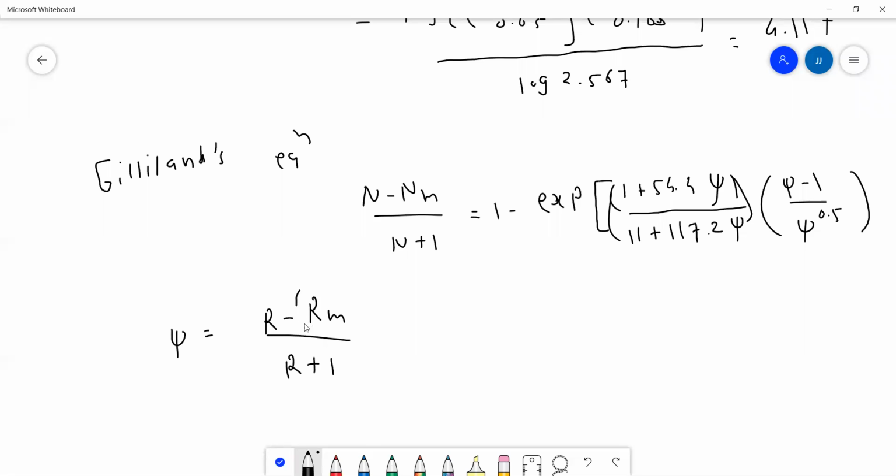We have already calculated Rm, which is 1.45.